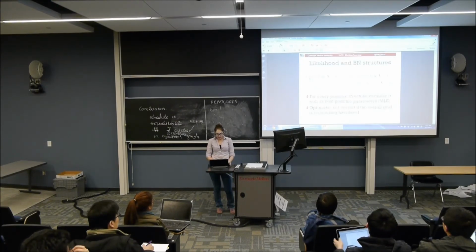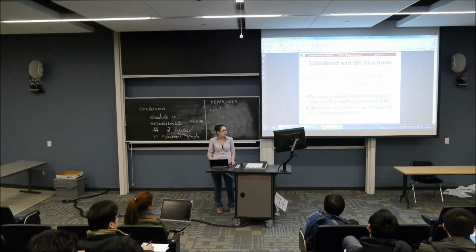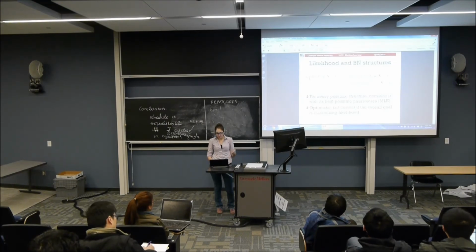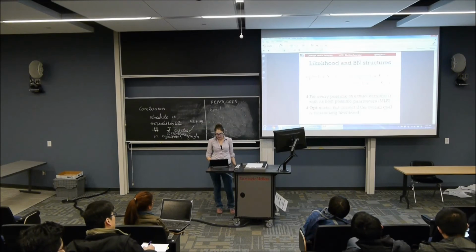So when maximizing the likelihood for a structure, we're going to consider the structure with its best possible parameters. We're going to take the maximum, that's the maximum likelihood estimation. Every structure will be optimistically estimated based on what its best parameter assignment is.